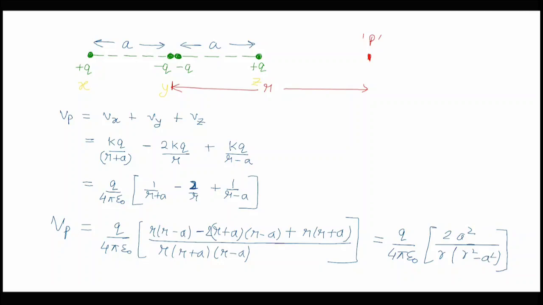This expression can further be approximated using the condition given in the problem. We rewrite this expression as twice of q a square upon 4 pi epsilon naught, 1 minus a square by r square. We are approximating in this way, and then we are left with 1 by r cube.